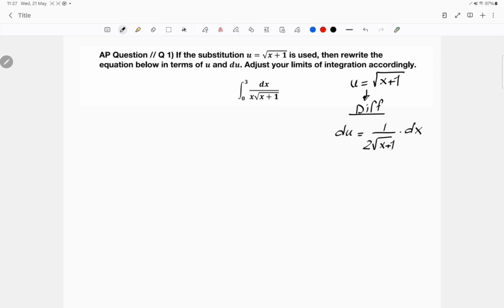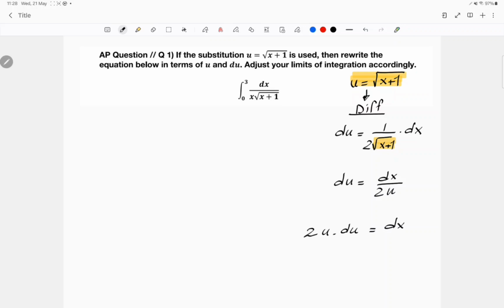Now, don't forget that u is equal to root of x plus 1, and so that means I can replace the root of x plus 1 with u. So I'm going to have du is equal to dx over 2u. In other words, dx is equal to 2u du.